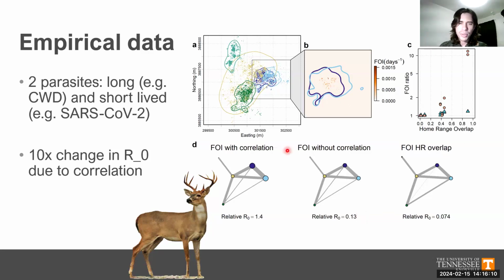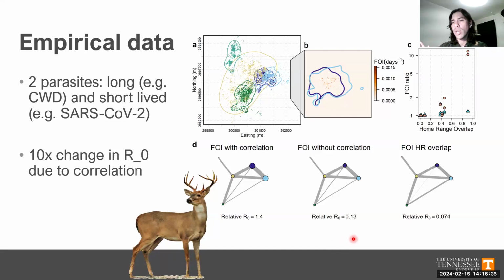And what I would like you to focus on is the bottom here. When we have more than 2 individuals, we can actually build networks and estimate metrics like R naught based on those contact networks. And if you focus here, this is the network that was built and the R naught that was calculated when we ignored the correlation term.